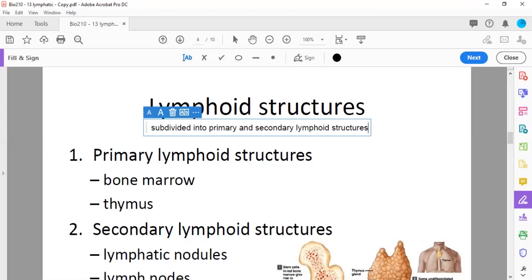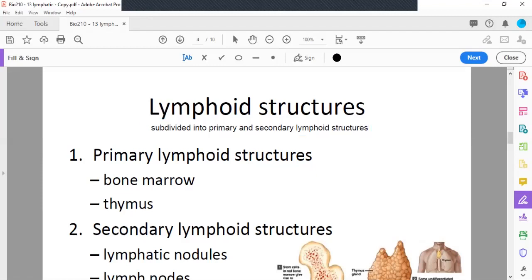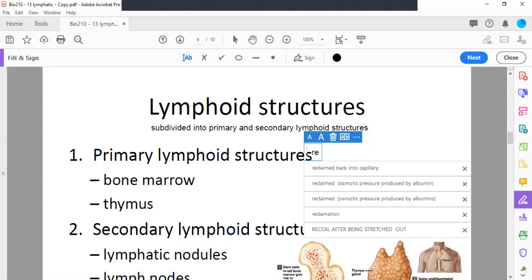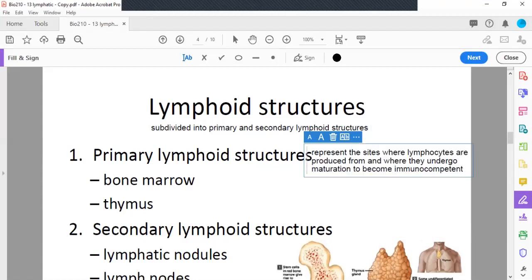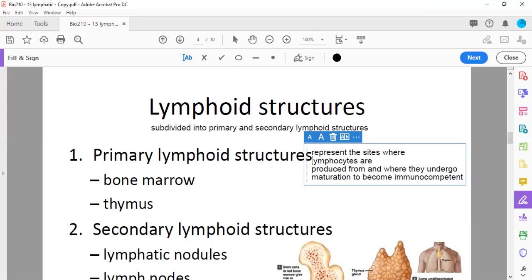So the lymphoid structures can be divided into the primary and secondary lymphoid structures. And what does that mean? It means that the primary lymphoid structures represent the sites where the lymphocytes are produced from.